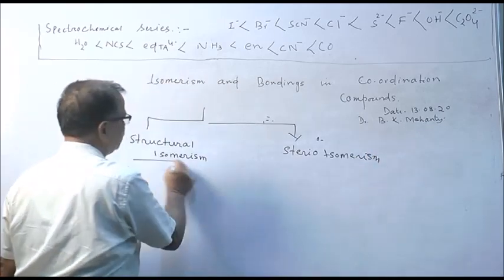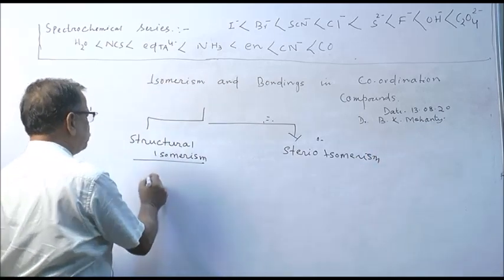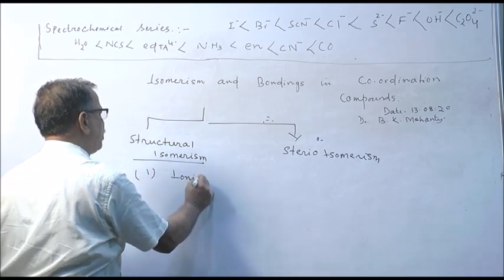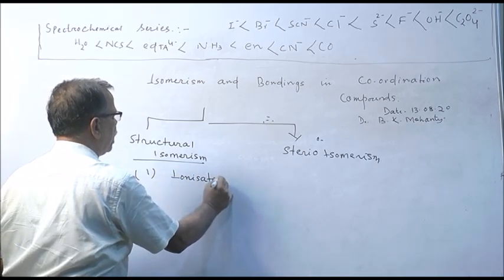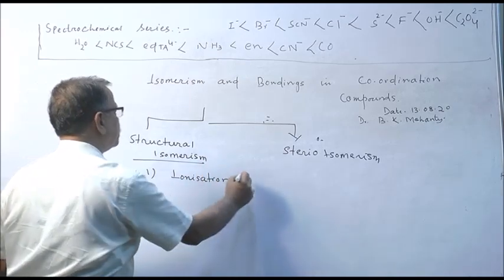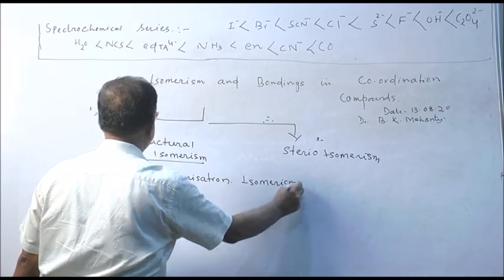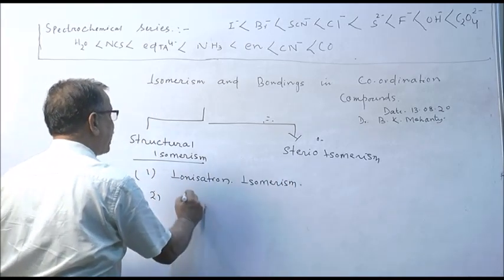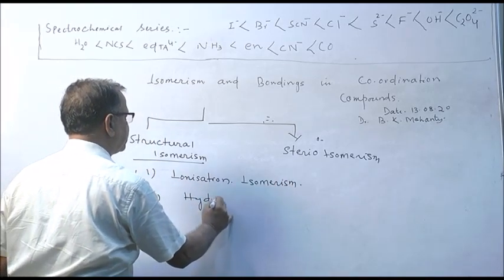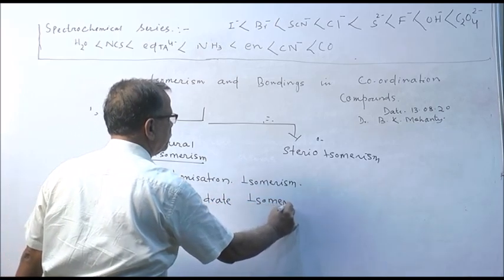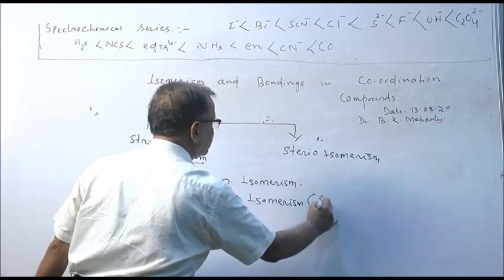Structural isomerism is again divided into: number one, ionization isomerism; number two, hydrate isomerism, which is also called solvate isomerism.